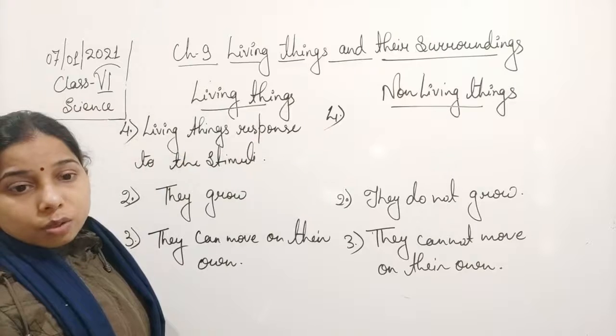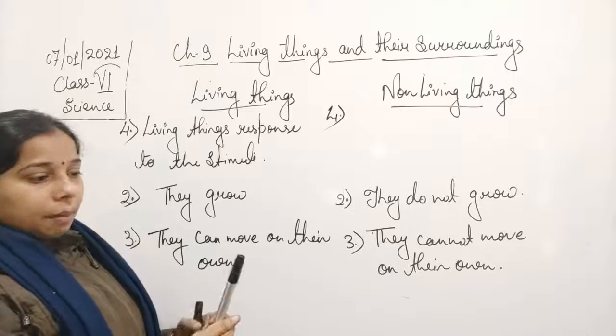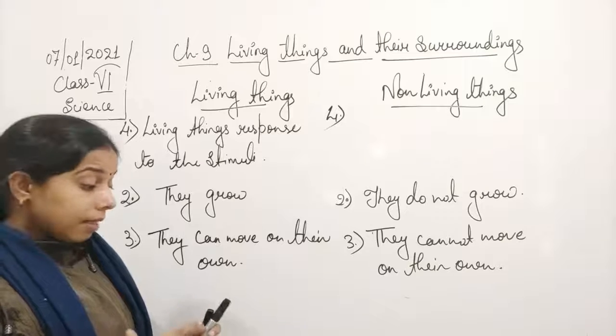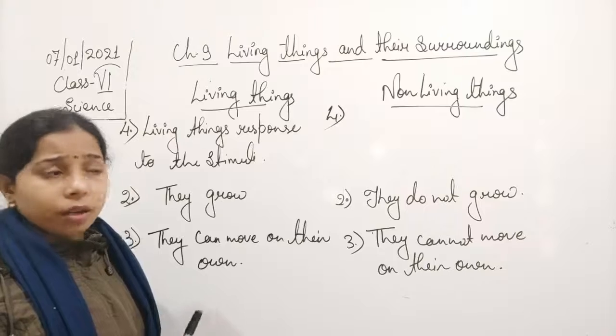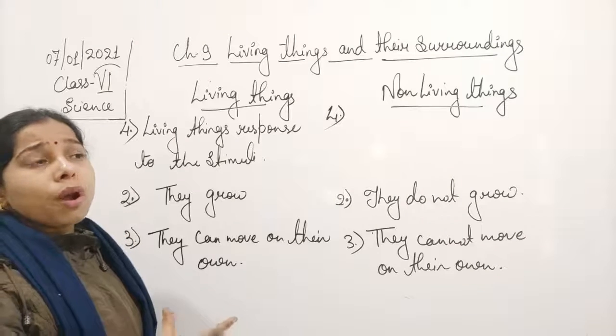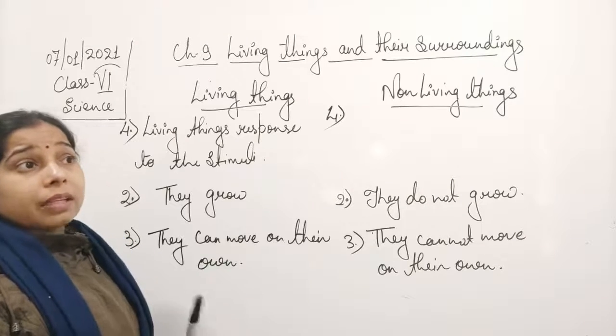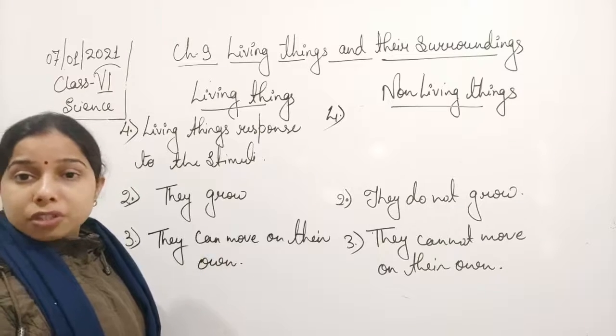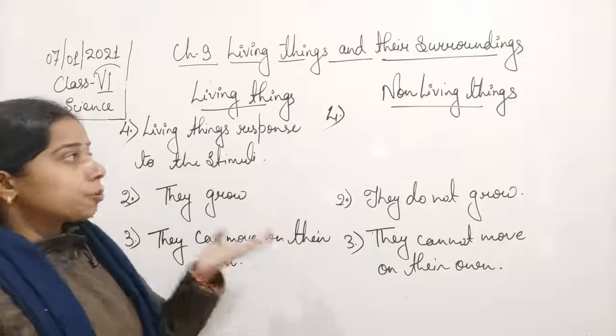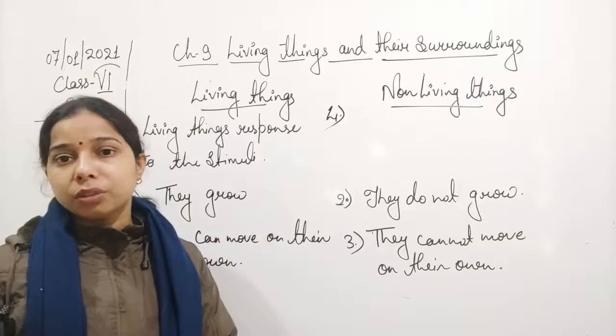What happens in case of a non-living thing? So I have taken a marker. If suppose I gaze at it or use my hand to slap it, it is not going to react. It is not going to show any kind of response. If suppose I take it to the sunlight, it is not going to show any kind of response. So obviously this response can be shown only by a living thing.